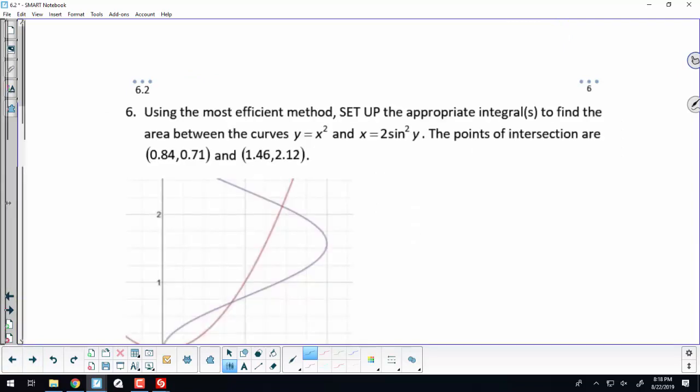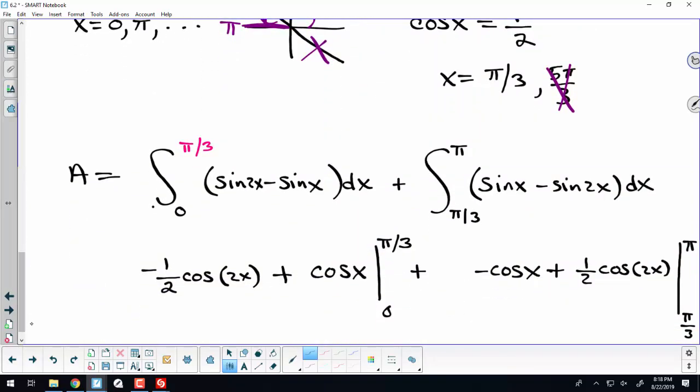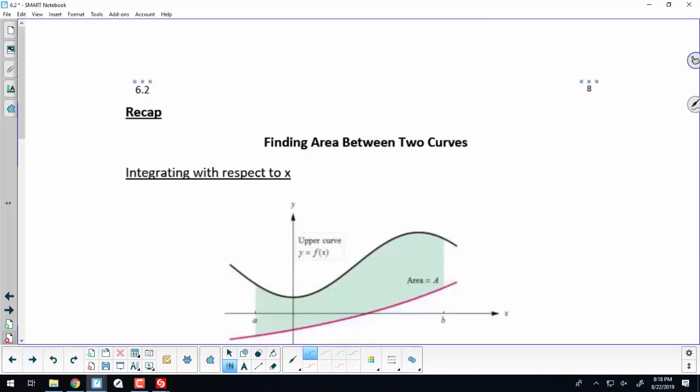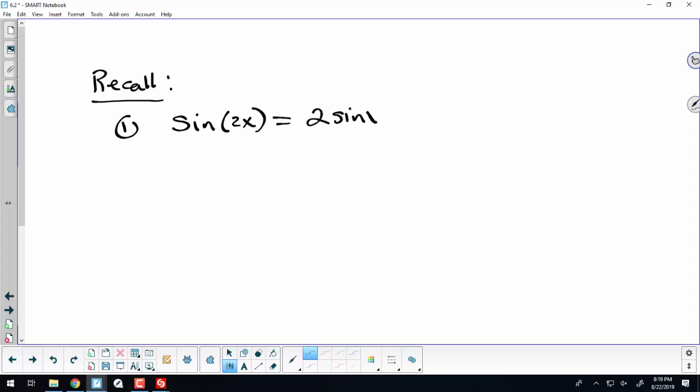I need to skip ahead quickly. All right, just a summary here. The one identity we've seen that we'll need is for sine of 2x as 2 sine x cosine x.